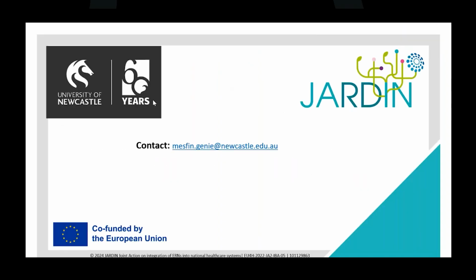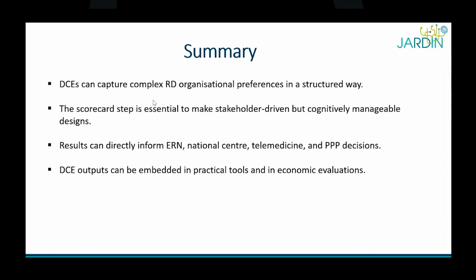So what I was trying to tell you is that discrete choice experiments can help us capture these complex organizational preferences, and specifically for this rare disease context, it's really useful given the limited sample size. Respondents make repeated choices, so the number of observations we get is larger, and that helps give us reliable results.